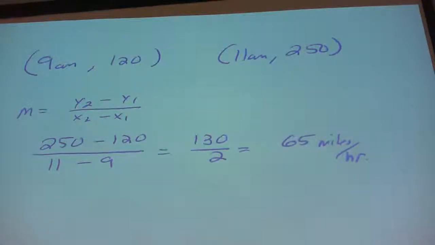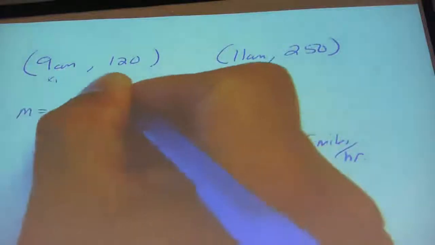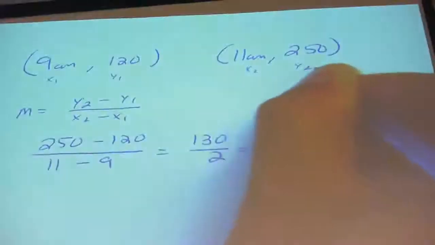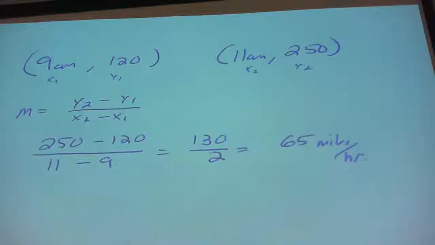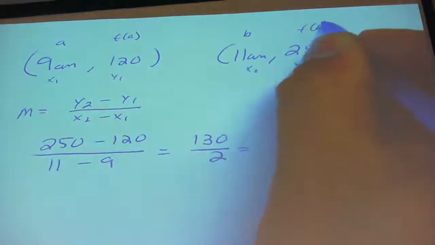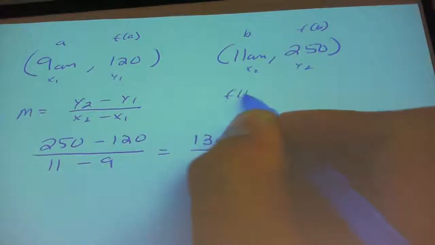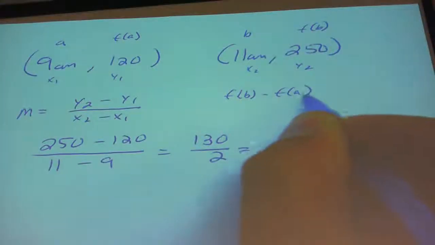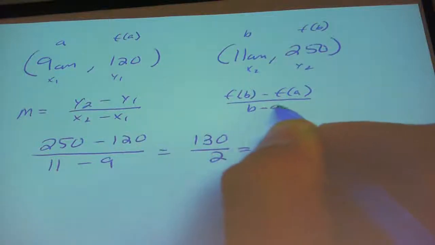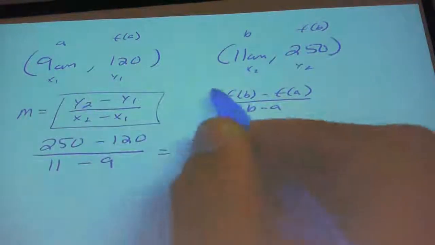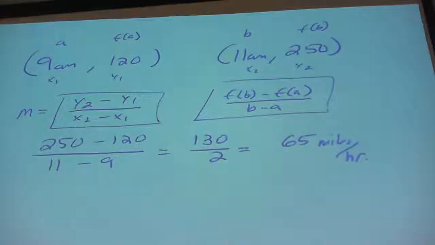Now, I do want to take this concept a little bit further. If I call this x1, y1, x2, y2, you're like, I got it. What if I call this A, f of A, B, f of B? Would you be as comfortable to say f of B minus f of A over B minus A? Can we agree, or can we get to, that that's exactly the same thing? It's exactly the same thing, okay?